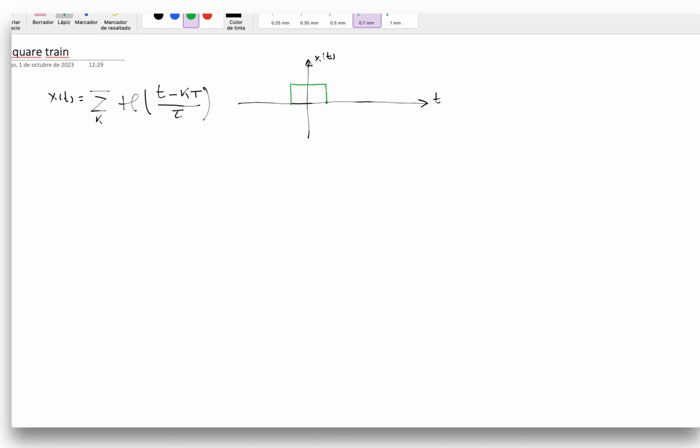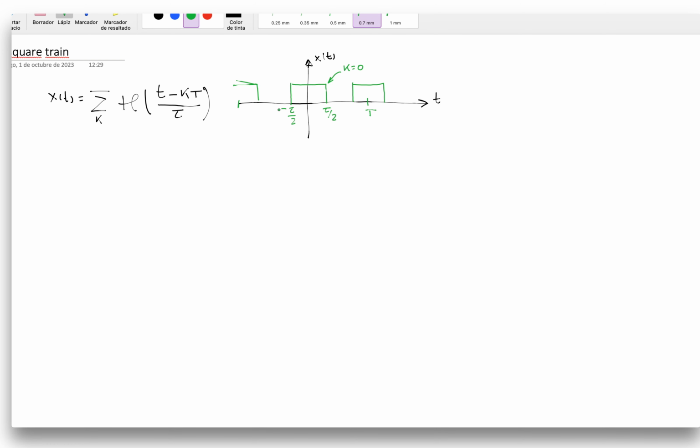We will have a first square here, which corresponds to the value of k equal to 0, and it has a half width of tau divided by 2, or what is the same, a full width of tau. The next impulse will be capital T seconds apart, and the same on the negative part.